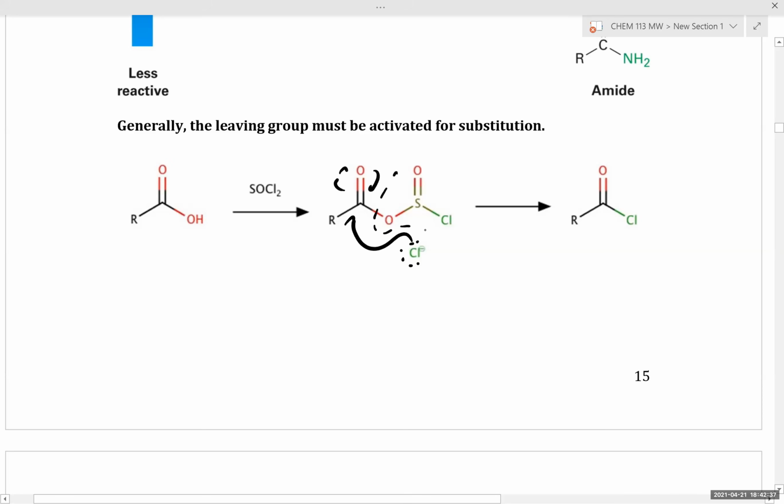Notice how we have activated our alcohol as a leaving group using reagents such as thionyl chloride. This is a common pattern for many carbonyl substitution reactions where the leaving group is activated via either protonation or reaction with an added reagent. Does this make sense to everyone?